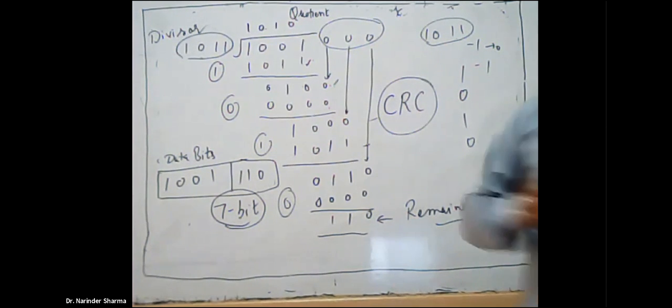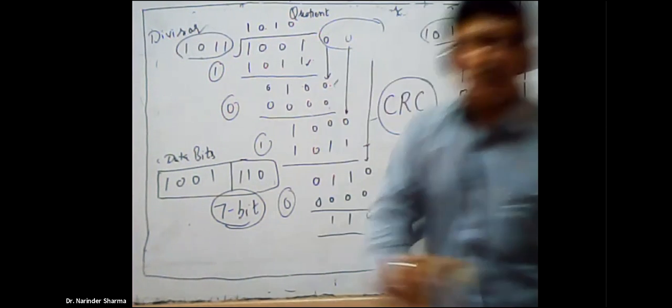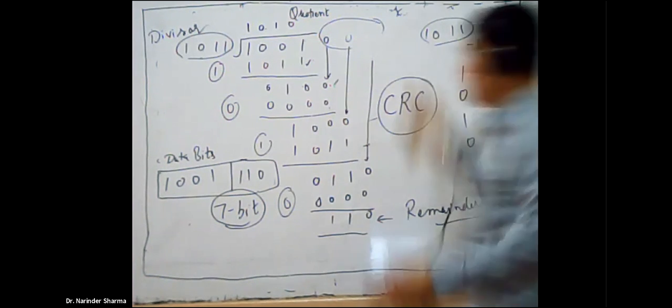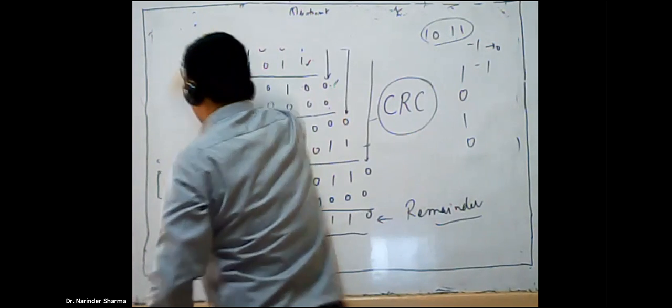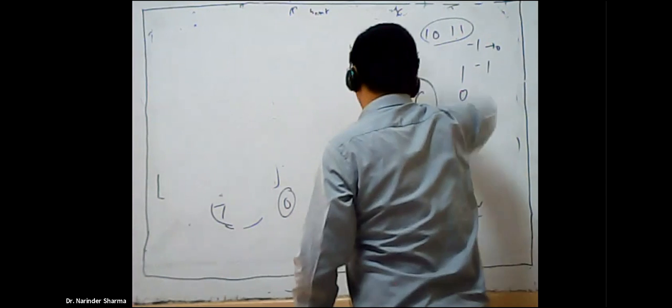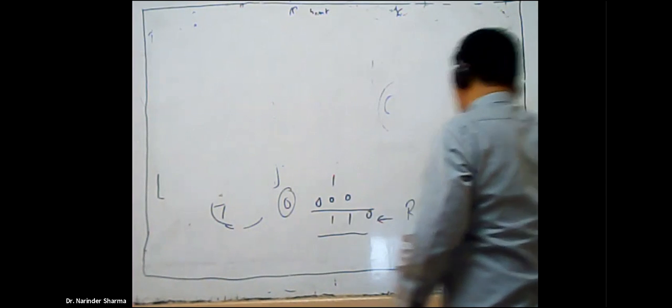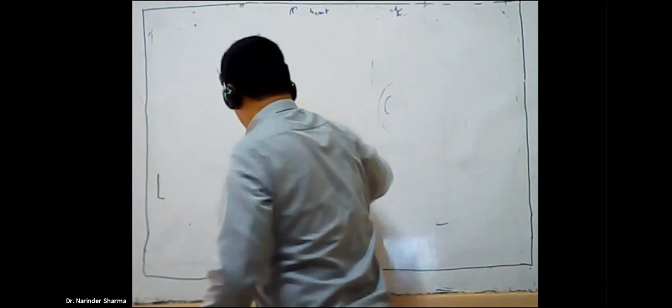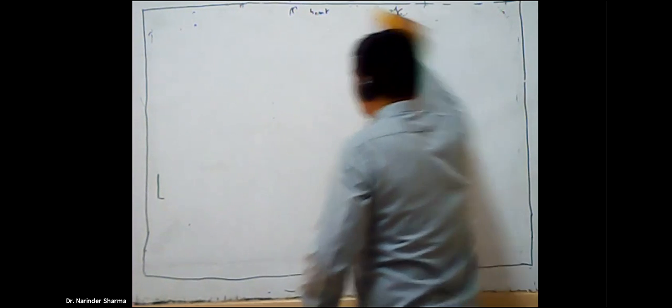We can add the binary numbers. How addition can be made, I will let you know. 0 plus 0 is 0. 0 plus 1 is 1.